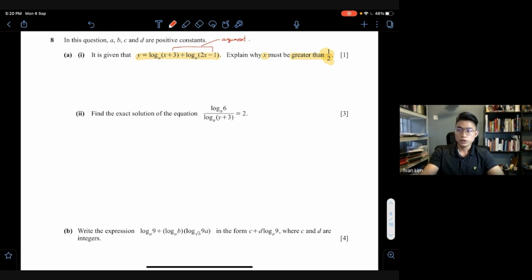Okay, so you all see, they say x must be more than half because of this term here, 2x minus 1. You have to find what is the smallest value that will give me 0. What's the x value that will give me 0 there, right? You cannot even have log 0. The inside must be more than 0.